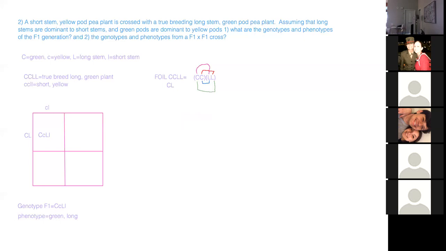So I think you're jumping ahead a little bit and starting to talk about what gametes we're going to produce. Okay. So if I am crossing, I'm going to have big C, little c, big L, little l, F1, crossed with big C, little c, big L, little l, F1.